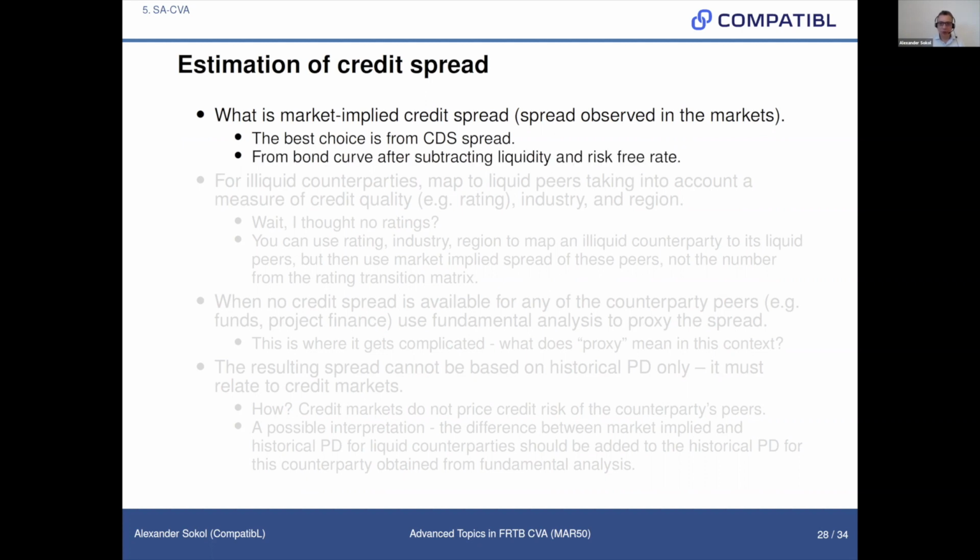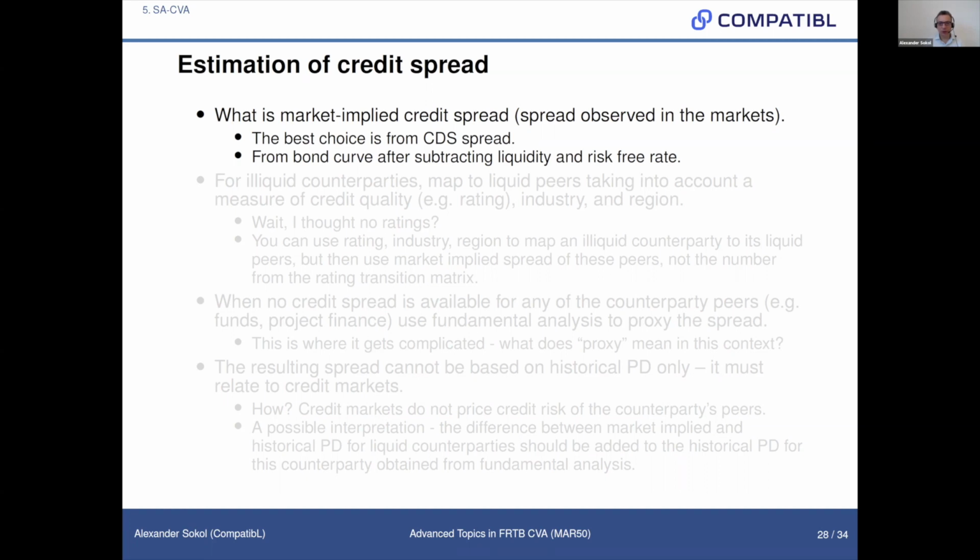Now, when there is no CDS on the counterparty, normally when there are banks, there's usually CDS, because a lot of people need it to hedge the CVA or to hedge something else. Well, when you're trading with corporates, this is more difficult, because often there is no CDS. Corporates tend to issue bonds, so you can try to get credit spreads from the bond curve.